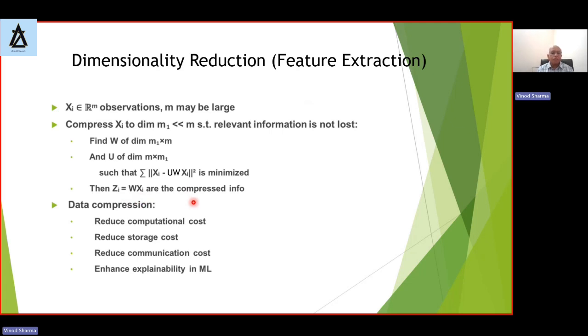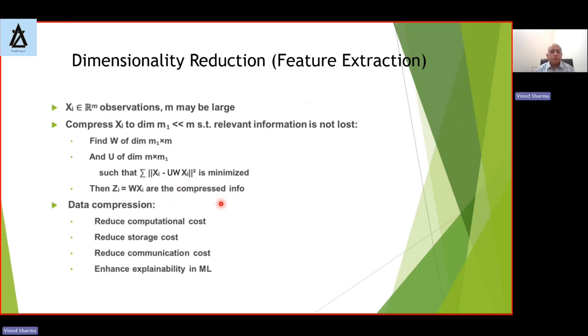This is the compressed vector, but we want zi in such a way that if we recover u w xi, which is of dimension m again, the difference between this and xi, the mod squared, summed over all i, is minimized. In a sense, from xi of dimension m, we are making vectors zi of dimension m1 so that the original vectors can be recovered to the extent possible.